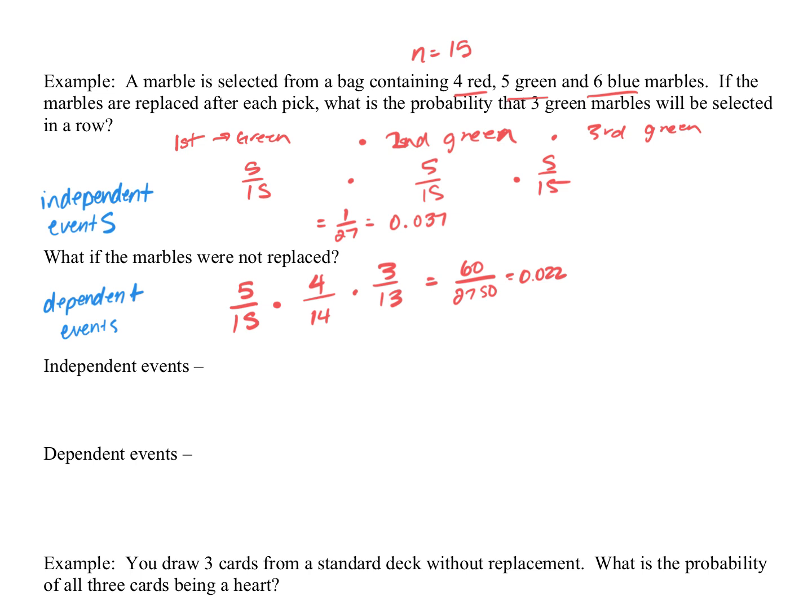So the idea of independent events essentially means two events are independent when one event occurring doesn't change the likelihood of the other occurring.